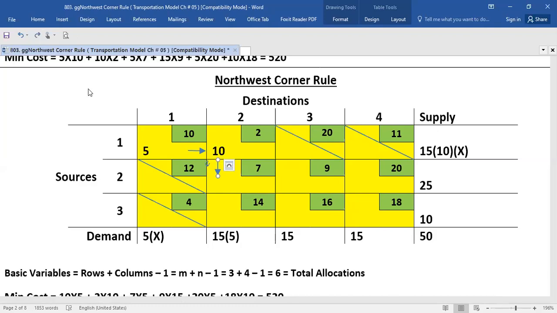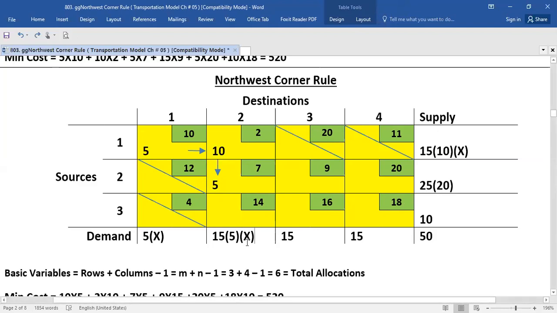In this cell you will see how much is the demand and how much is the supply. Your demand is 5 and supply is 25. 5 is minimum, so you will put 5 here, and here we are left with 20, and here we are left with nothing.